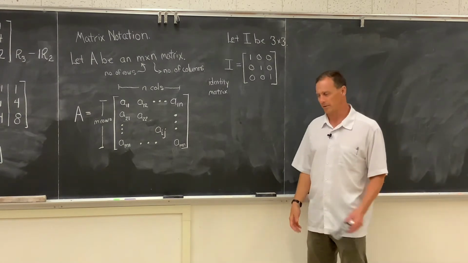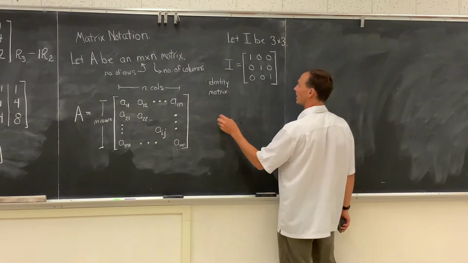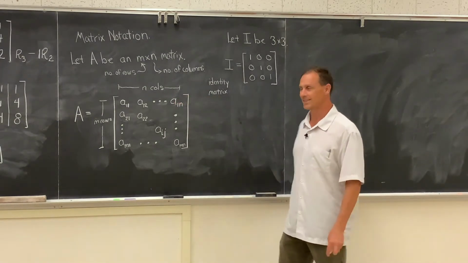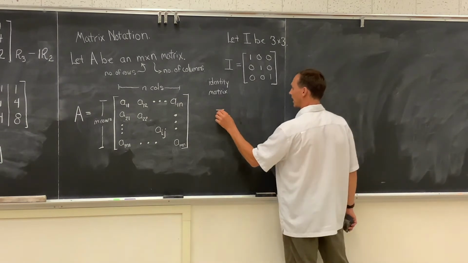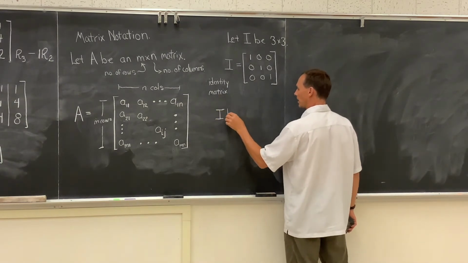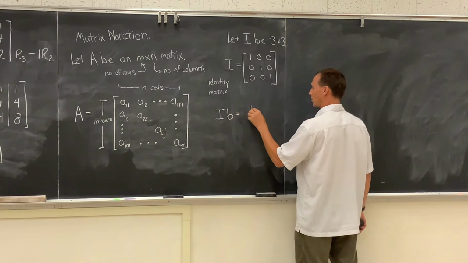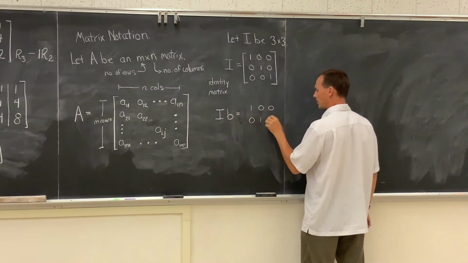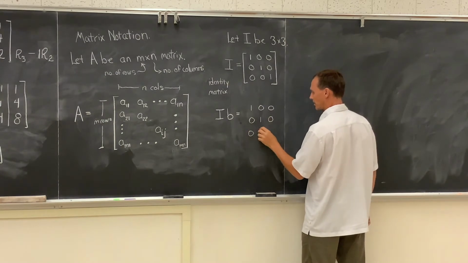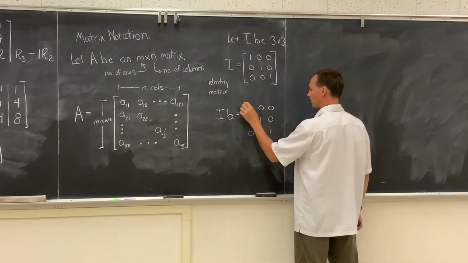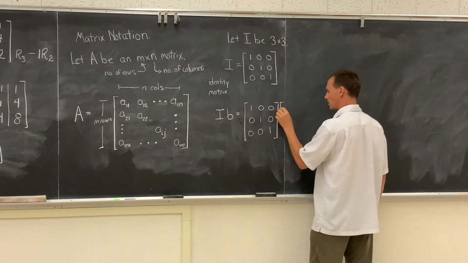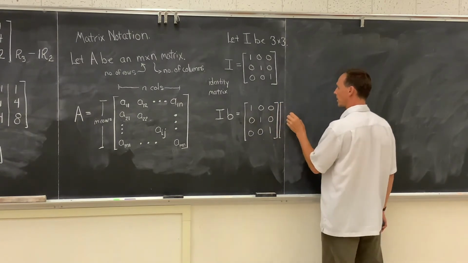Let's see what happens. For example, I have a B over there. It's 1, 8, 10. If I take I and multiply it by B, this is 1, 0, 0, 0, 1, 0, 0, 0, 1, and let's multiply this by B. I just want to show you that it works.